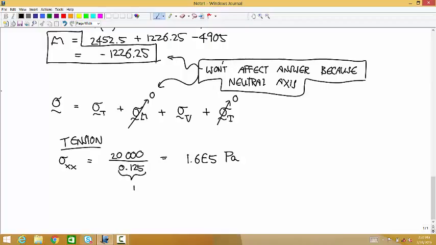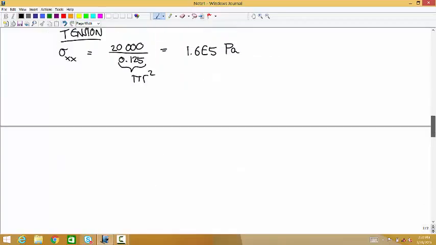This is pi r squared. Did I round it a lot? I don't know. Okay. And so the stress tensor due to tension is 1.6 times 10 to the 5th, zeros everywhere else.